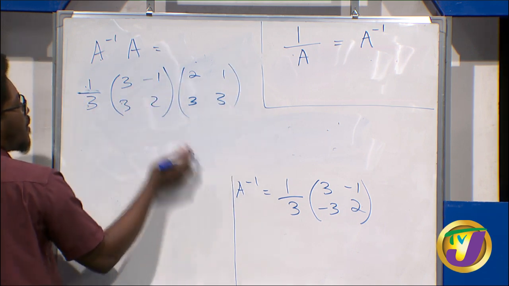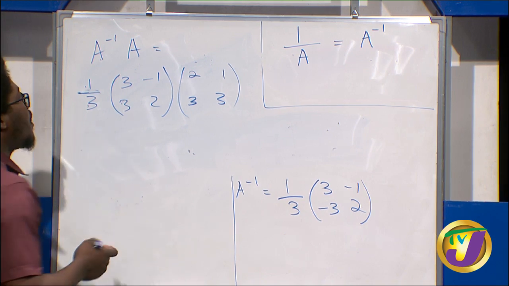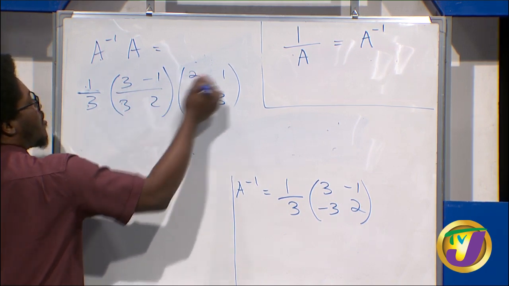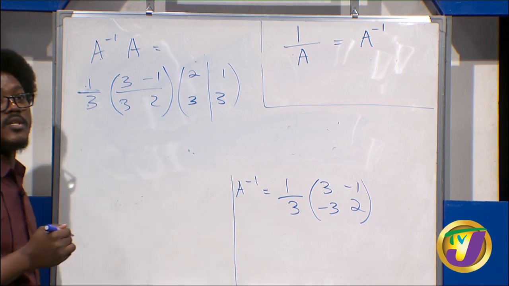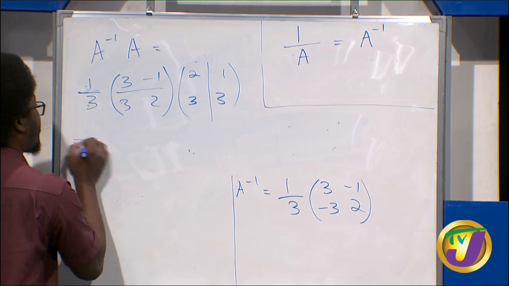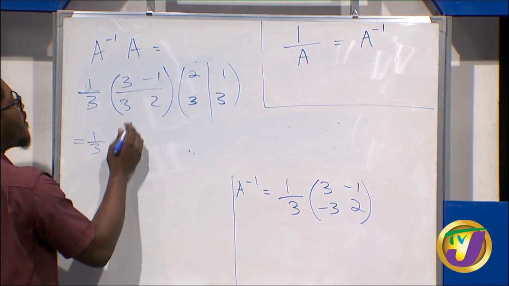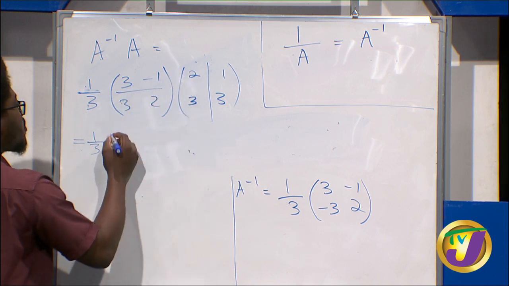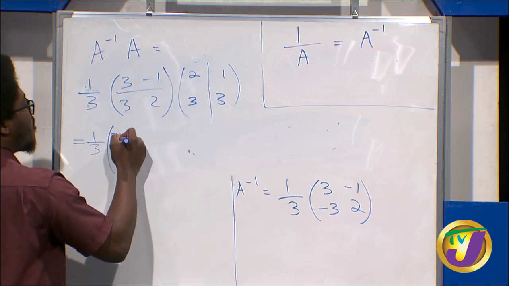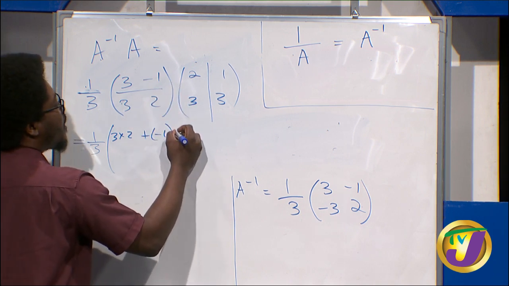So in multiplying these two, remember, we are going to go now row by column. So it's row 1, column 1, that's going to give us the first element in the first column. So it is going to be, let me just write back my scalar right here. It is going to be 3 times 2 plus -1 multiplied by 3.